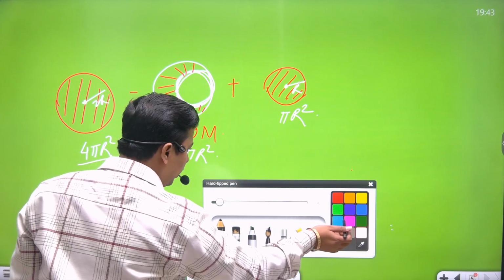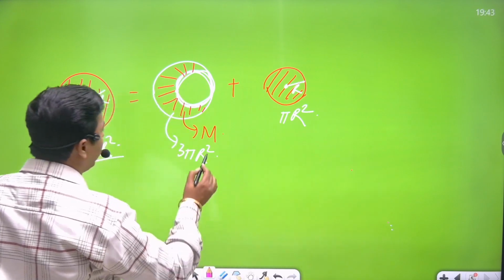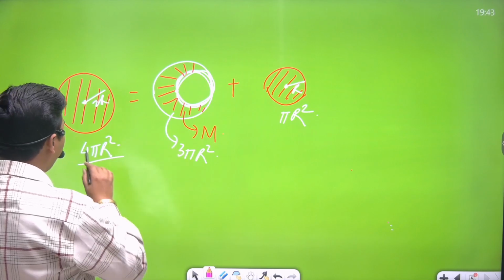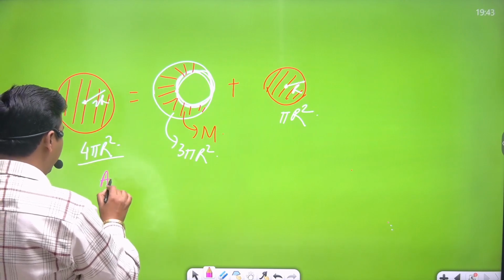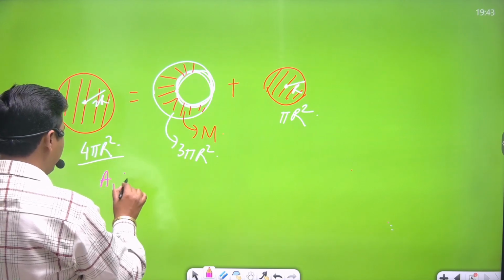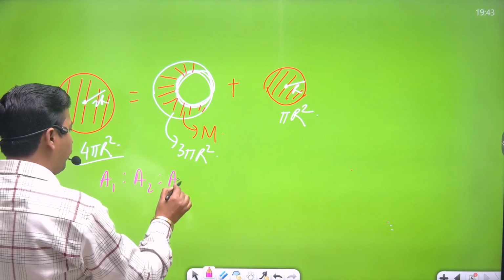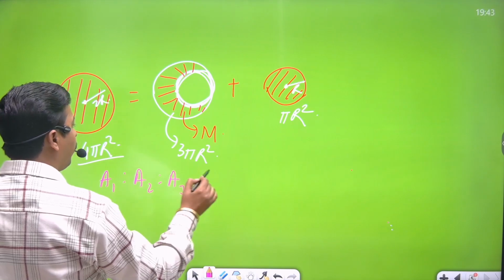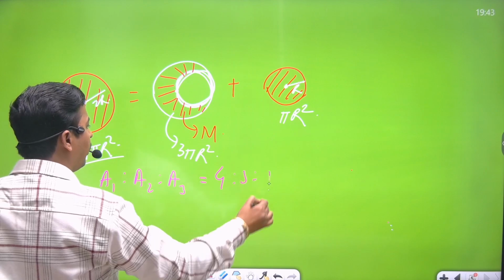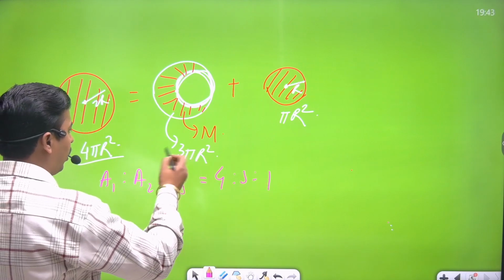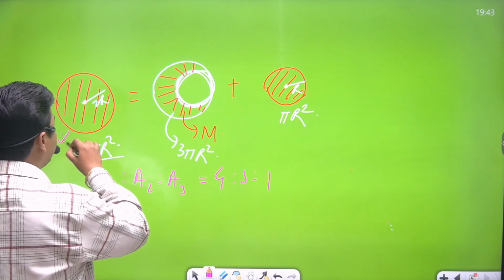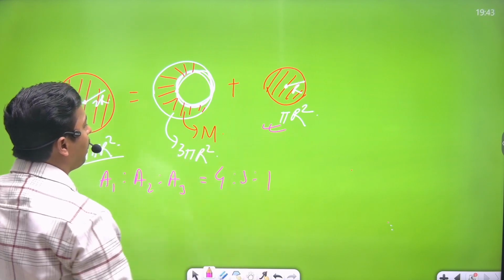So by the unitary method you can find that. The ratio of areas A1 is to A2 is to A3 would be 4 is to 3 is to 1. So accordingly you can find the masses.